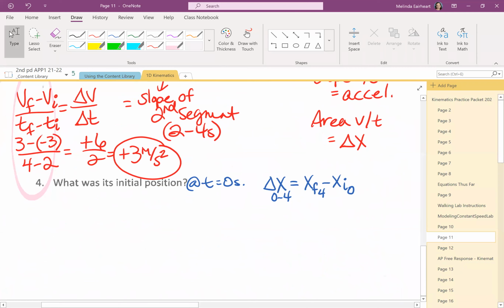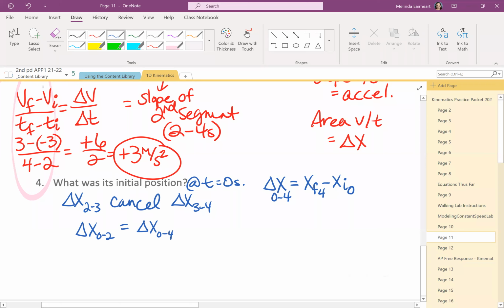And I'm just going to state that we recognize that the area or displacement from 2 to 3 is going to cancel the area or displacement 3 to 4. And so really, it's just the displacement of 0 to 2 that equals the displacement 0 to 4.